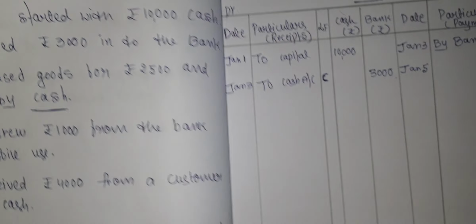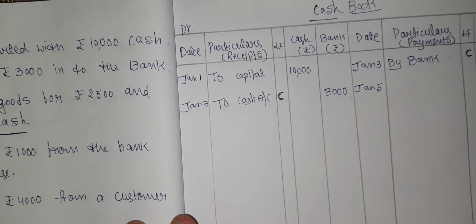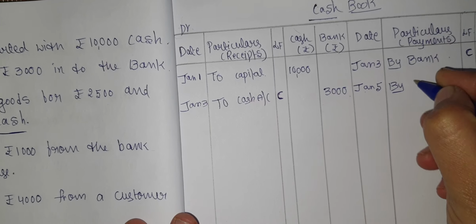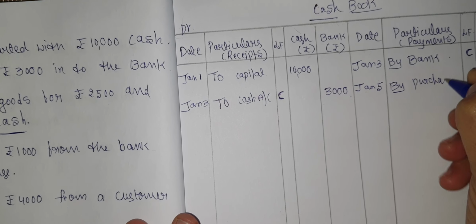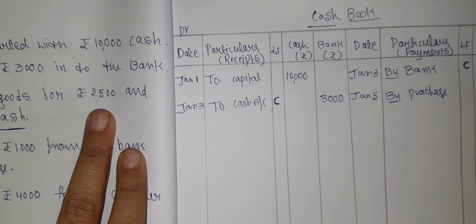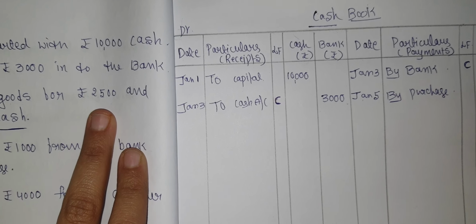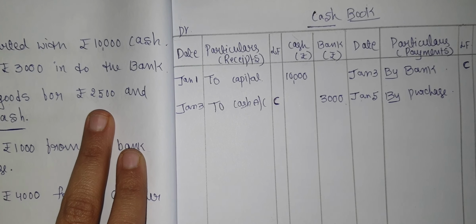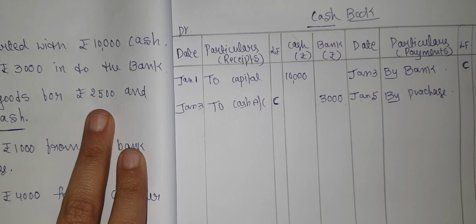So it will come under the payment side, that is the credit side, that is by purchase, that is rupees 2500. In the cash column we have to write because they paid the amount by cash, 2500.